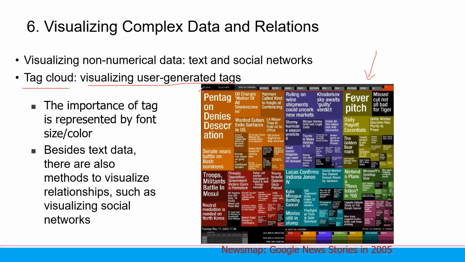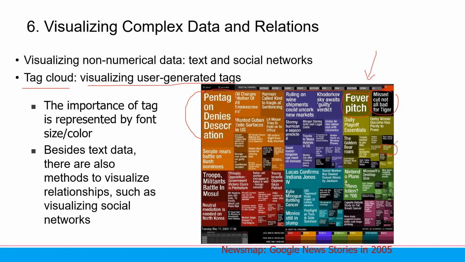The bigger size of the font reflects the importance level. So maybe this is important, this is less important, and the smaller one is maybe very low importance. Importance means the number of viewers, the number of people who like this news, or who read this news.